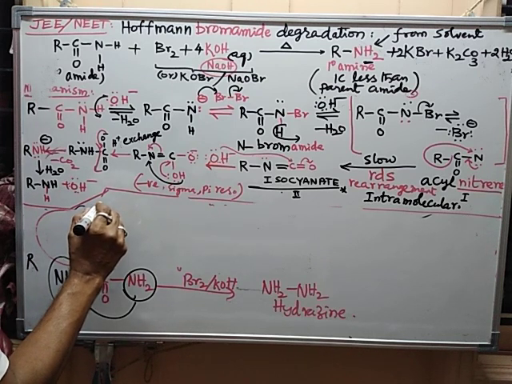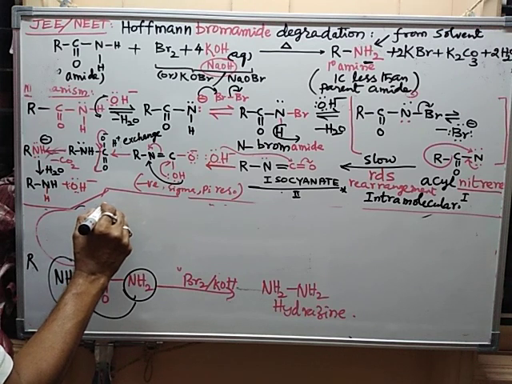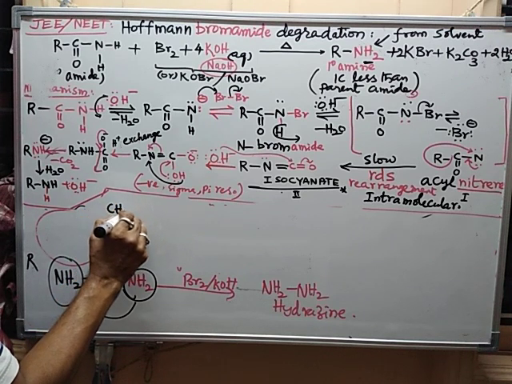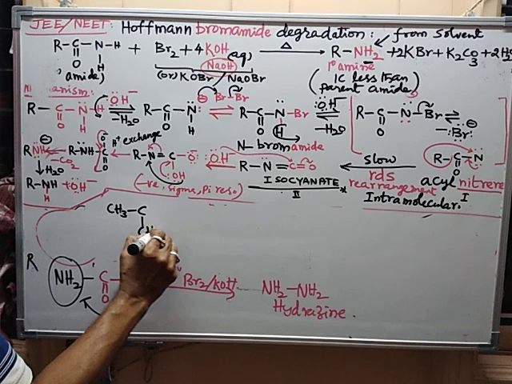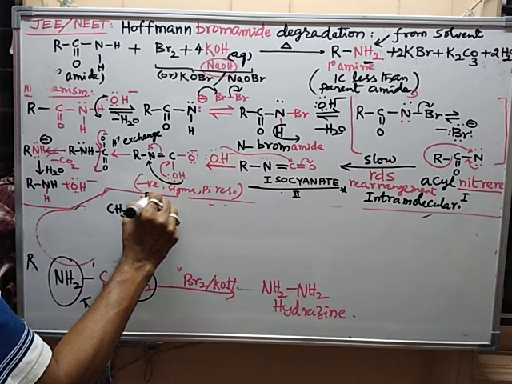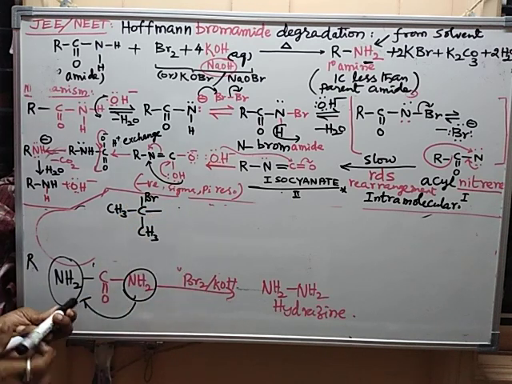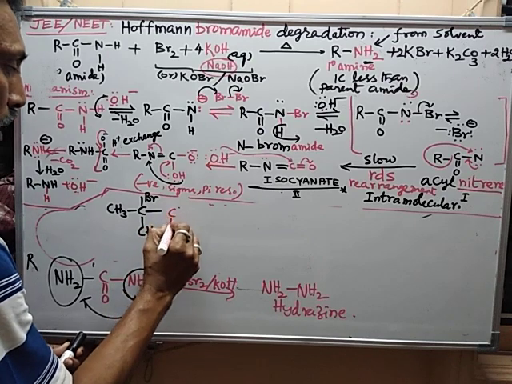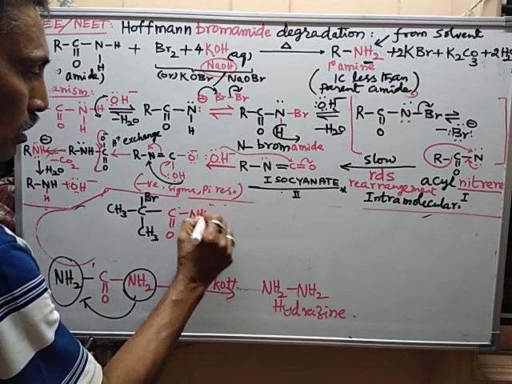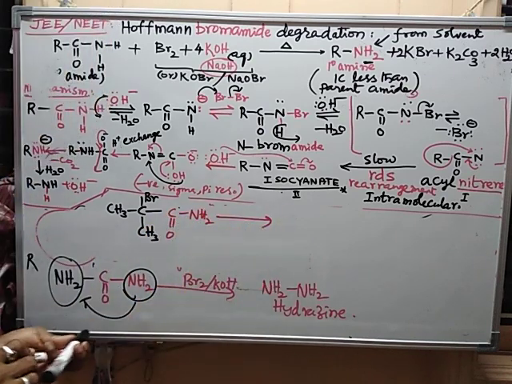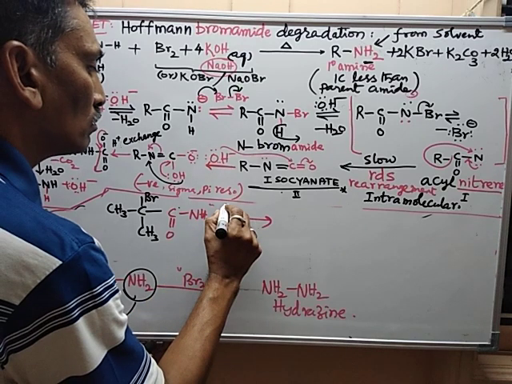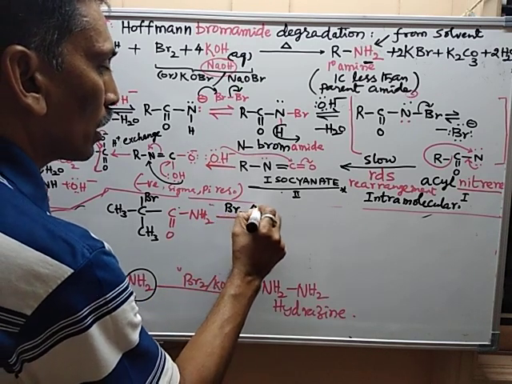The last example: (CH3)2CBr-CONH2, a primary amide group, is now treated as usual with Br2, KOH.